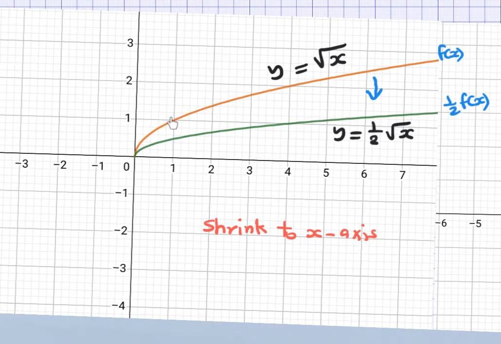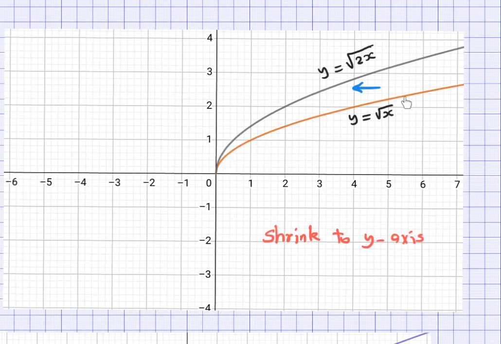So the point (1, 1) becomes (1, half). The point (4, 2) becomes (4, 1). So the points move towards the x-axis, or shrink to the x-axis. X the same, but y multiplied by half.